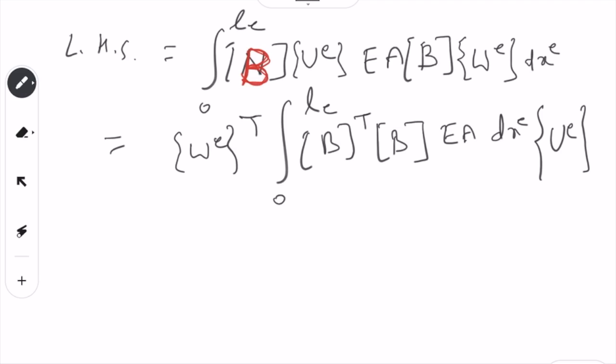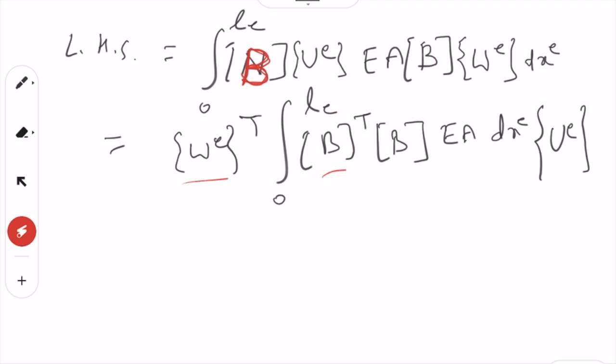Okay, so we can rearrange this one. Since b times we equals we transpose b transpose, this equals this times this. Because b times w is a scalar number, the transpose of it will be equal to b times we only. Hence the transpose of that will be the transpose of this multiplied by transpose of b.